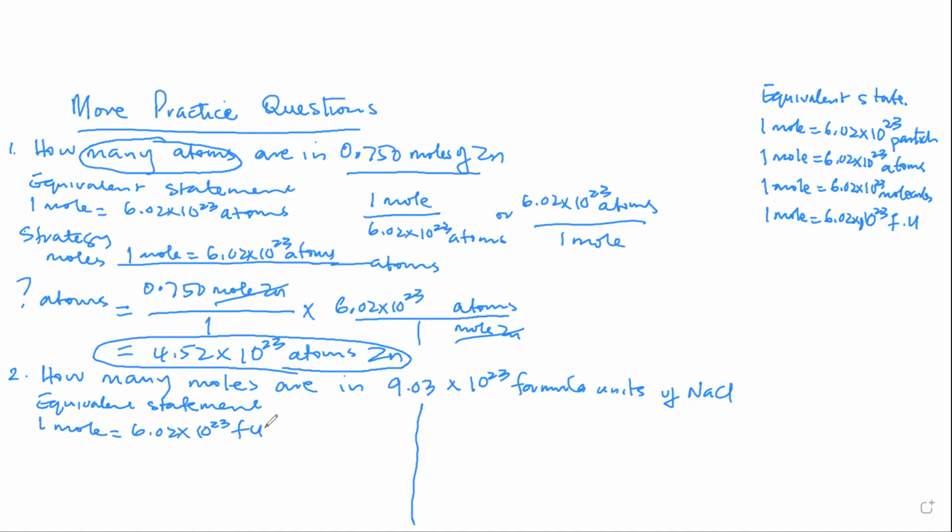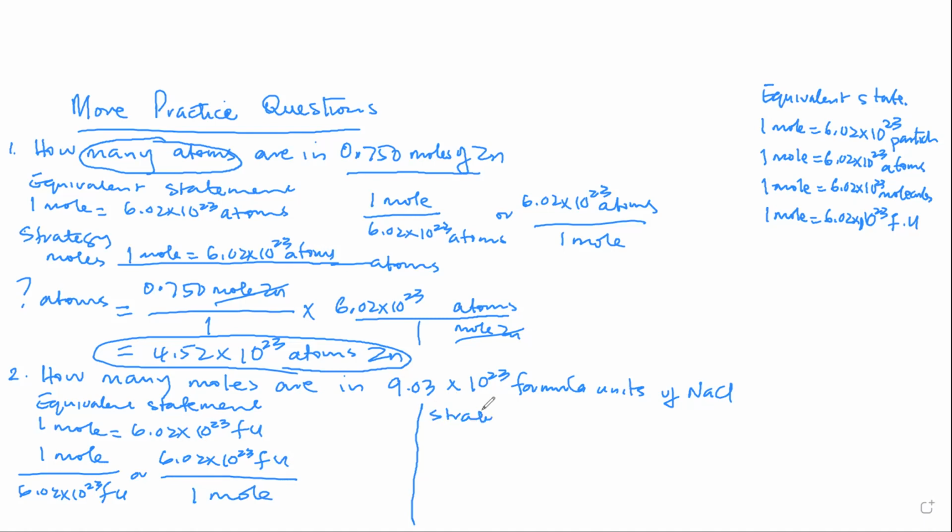This is an ionic compound, because we're talking about sodium chloride. So that will be 1 mole over 6.02 times 10 to 23 formula units, or 6.02 times 10 to 23 formula units over 1 mole. That's our conversion factor.